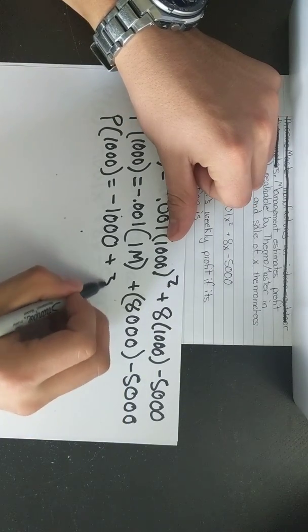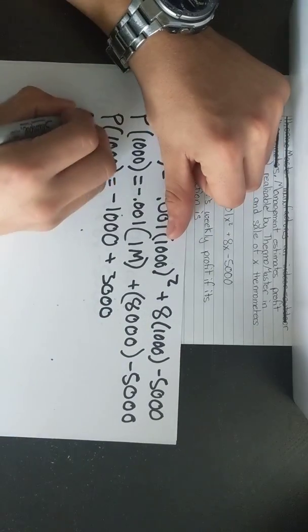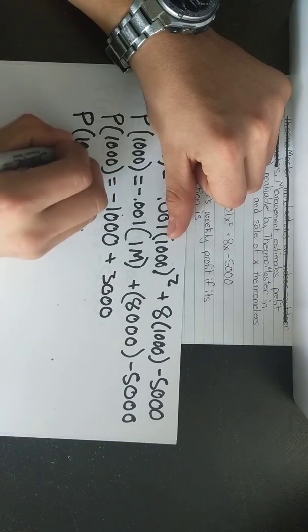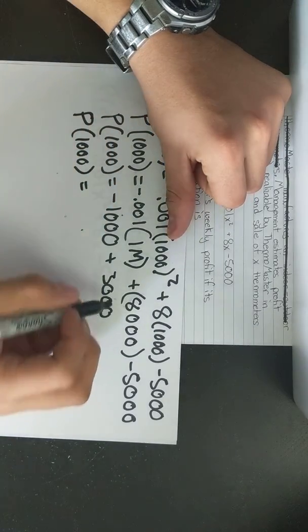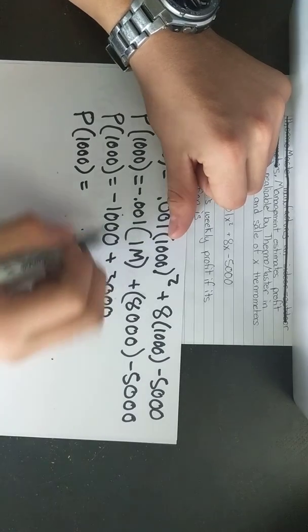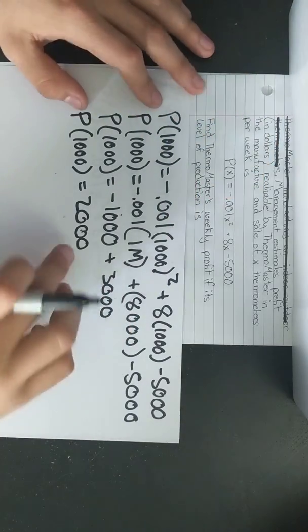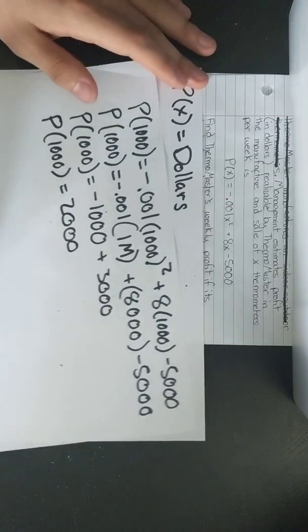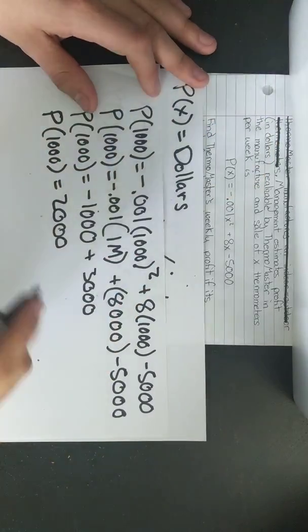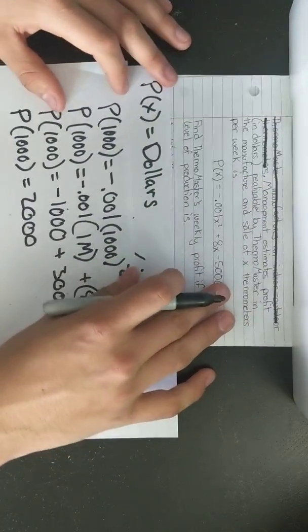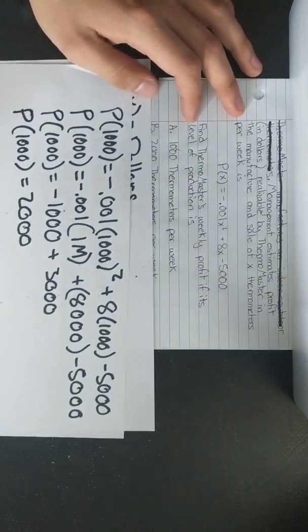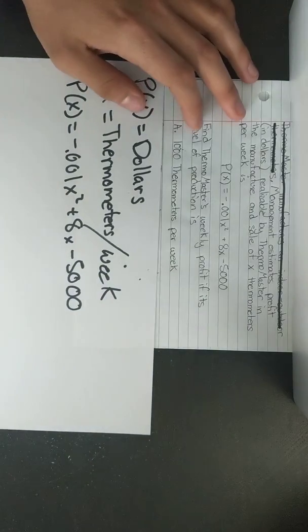Super easy. We know that's 3,000. P of 1,000 equals negative 1,000 plus 3,000, which is $2,000. We know this is dollars because if we go back, P(x) equals dollars, right? So that would be our answer for number A.